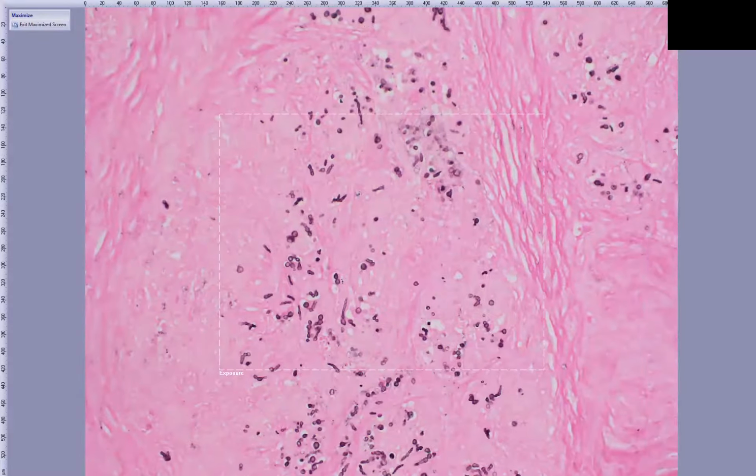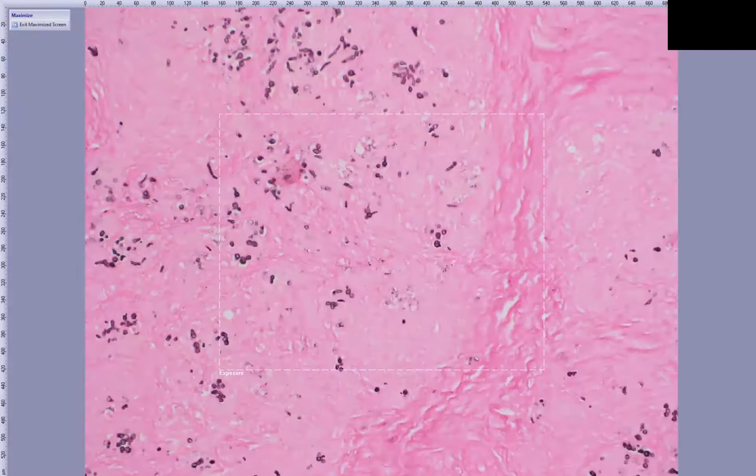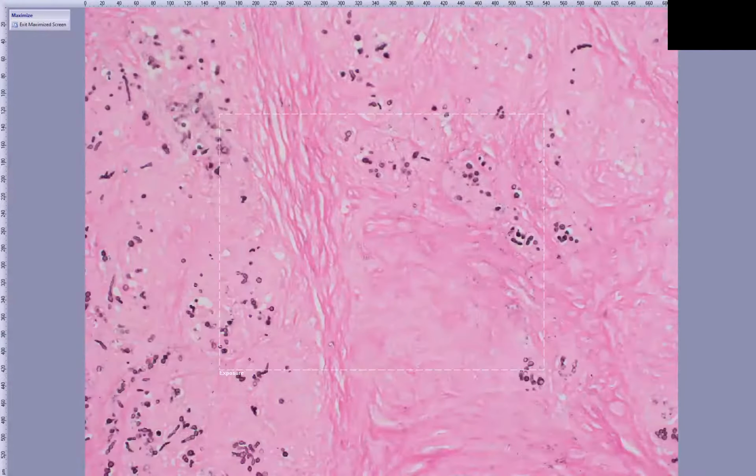And these are all budding, kind of yeast-like forms, as well as pseudohyphal forms. So this was an example of a deep fungal infection. I don't recall, this might have been Alternaria species. Alternaria species typically presents with varying shapes of fungal forms.